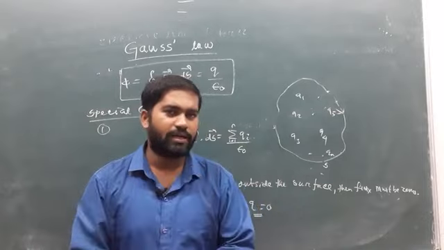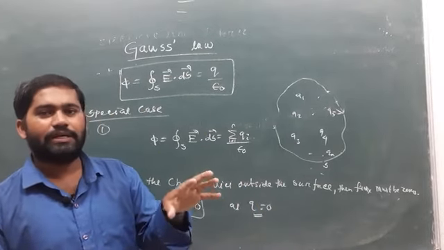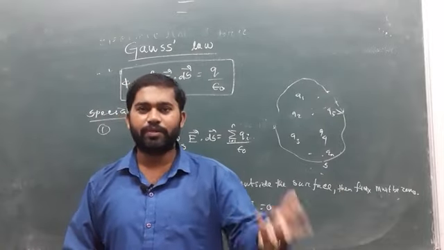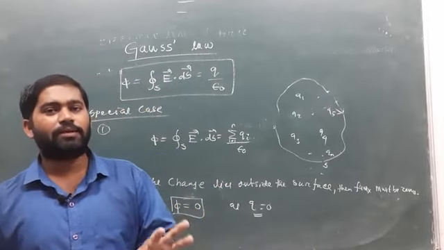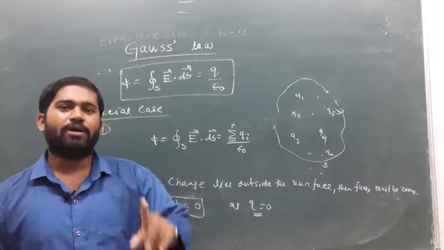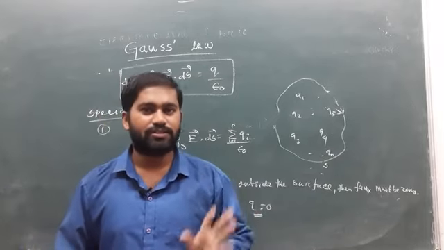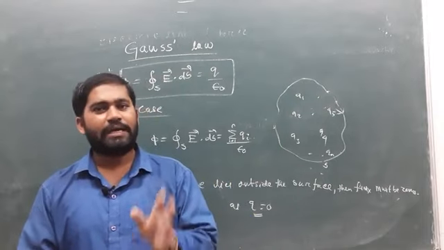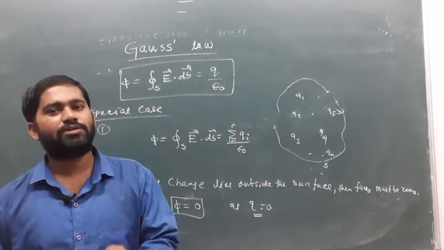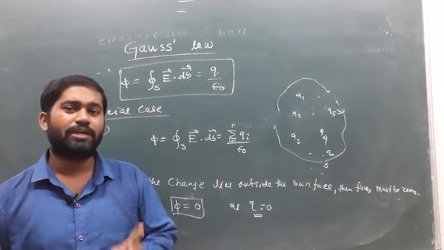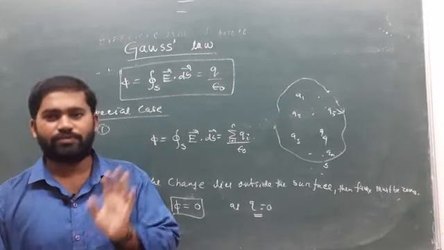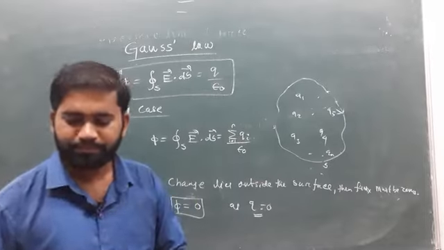A question arises: if we double the radius of a sphere, how does the flux change? The electric flux remains the same, as it does not depend upon the shape of the surface, it only depends upon the net charge enclosed by the surface. Understand?